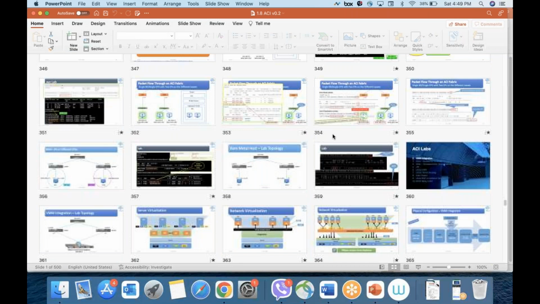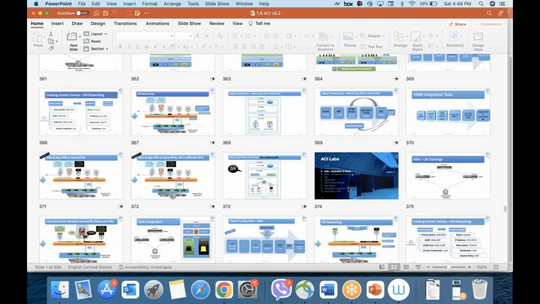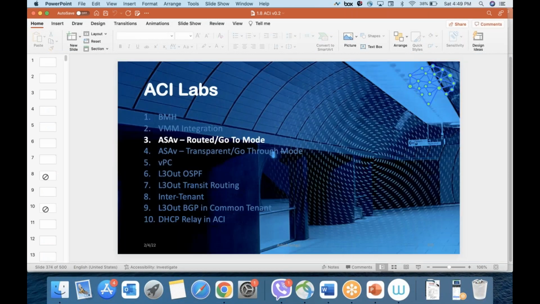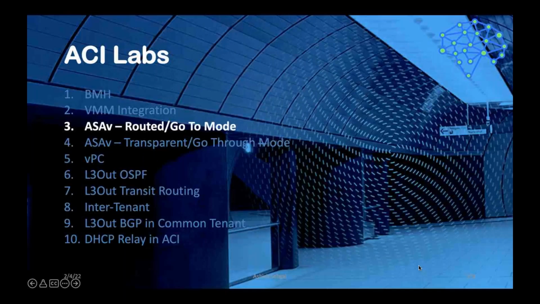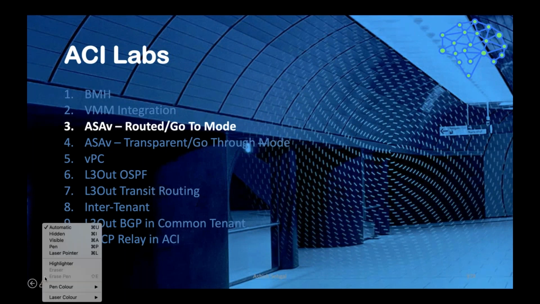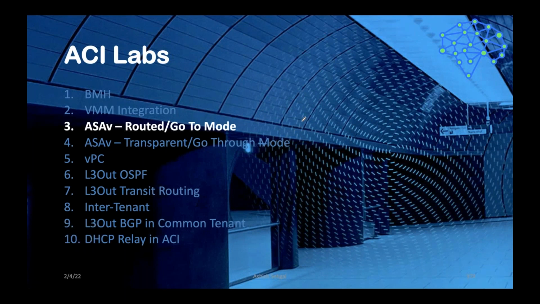All right, so let me go to my answer to your question. Here it is. Your question was whether ACI includes L4 to L7 services, and the answer is indeed yes. What labs are being covered over here?